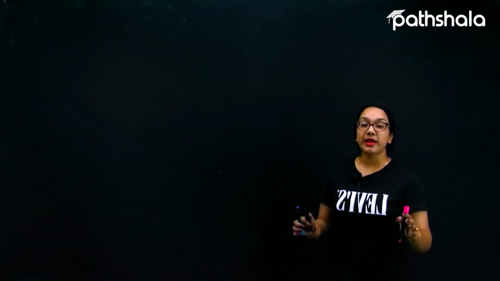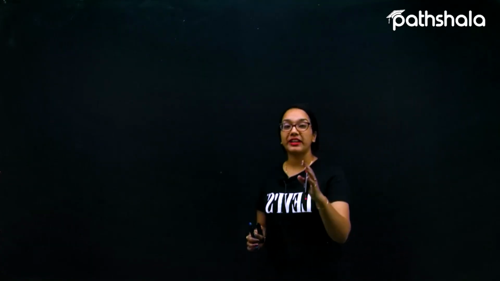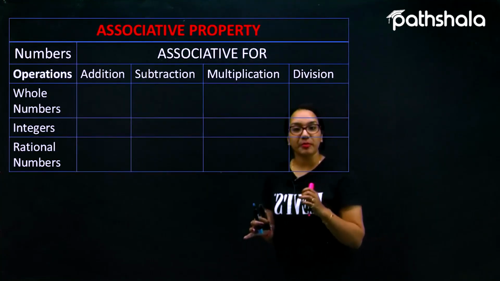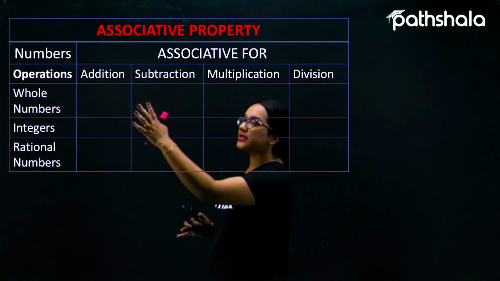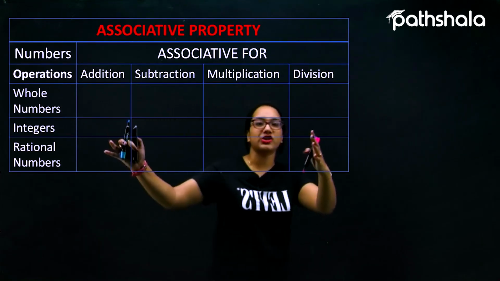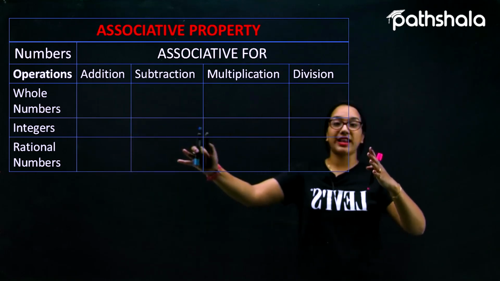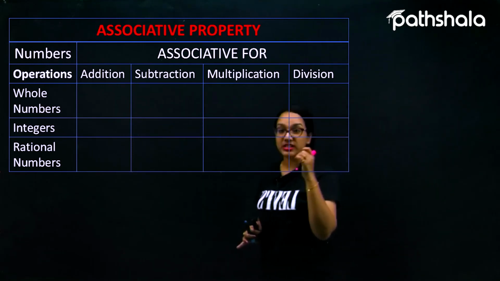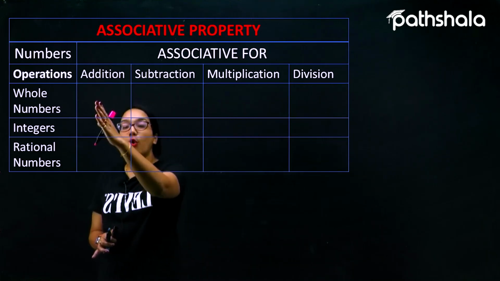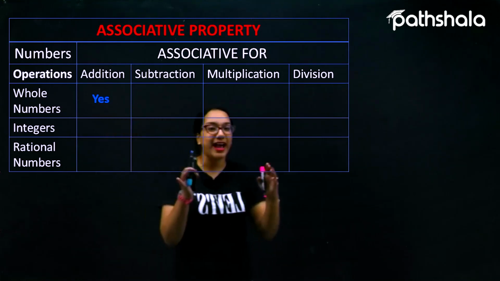So let's just summarize the whole concept of associativity as, first of all, we'll see whether the associative property holds for the whole numbers, integers, rational numbers for the case of the 4 basic operations: addition, subtraction, multiplication and division, yes or no. So let's just start with the whole numbers first, as we know that for the case of the addition, whole numbers are nothing but associative in nature.